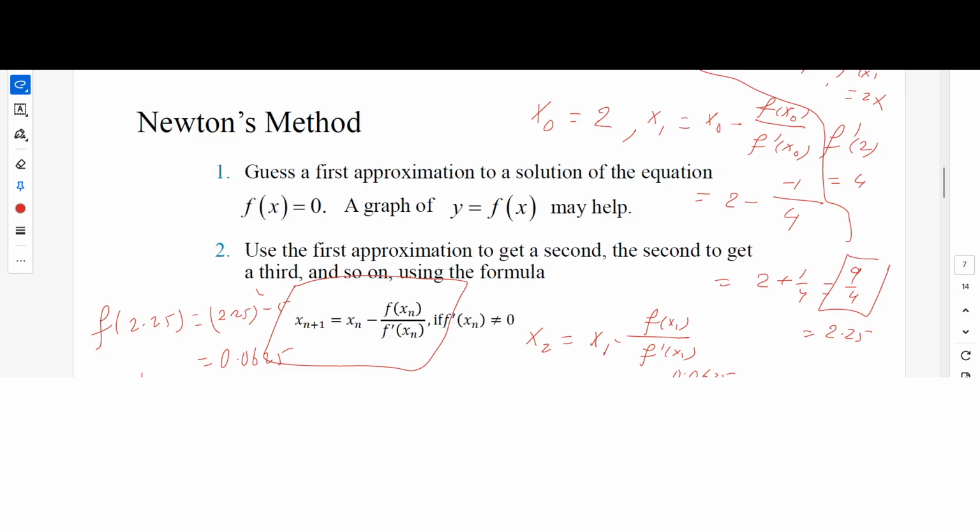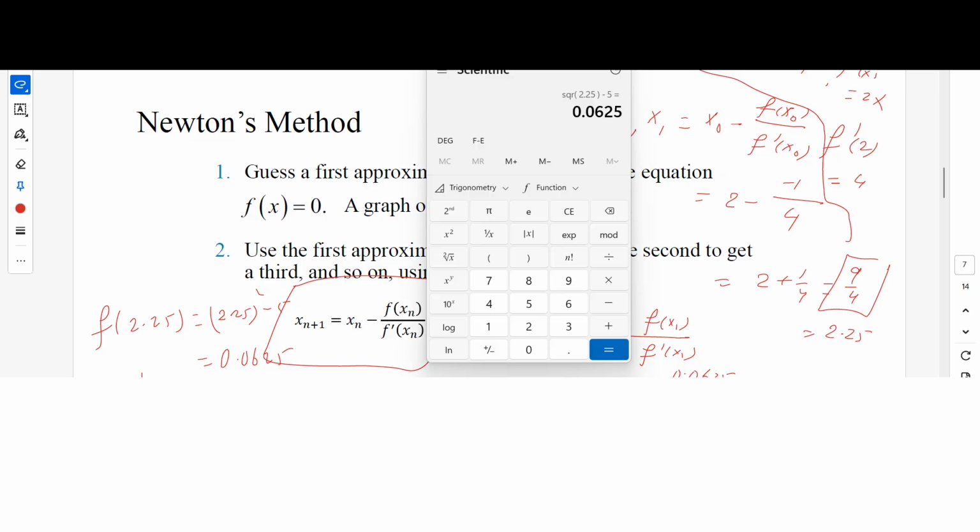And if you do this calculation using a calculator, you divide this by 4.5, and that is what you are going to get. And you subtract this value from 2.25. Remember, I subtracted the opposite, that's why you see negative here. But if you subtract that value from 2.25, it would be 2.236.